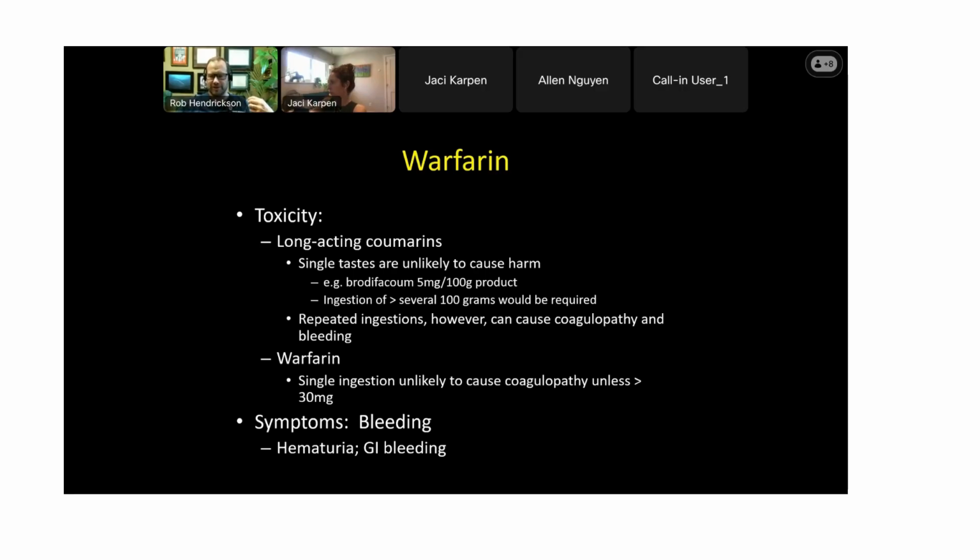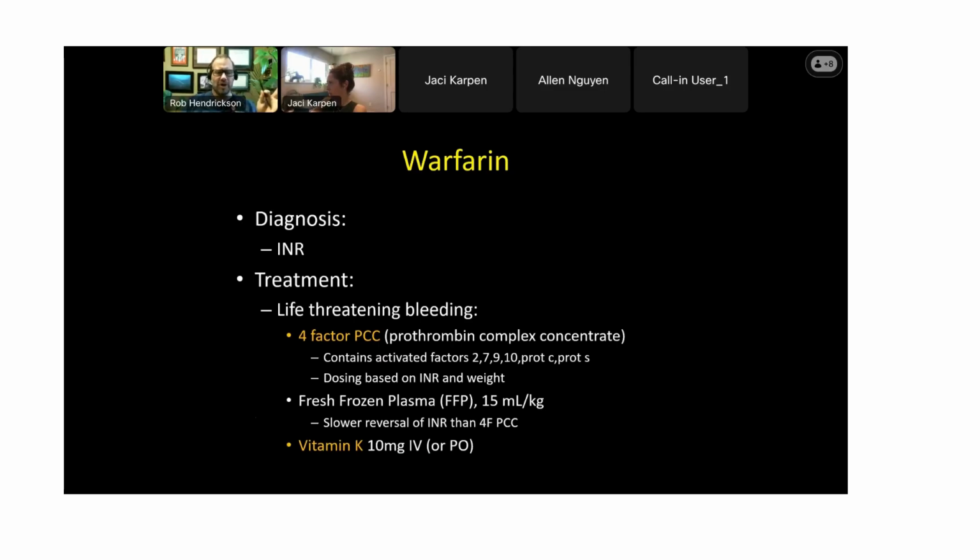Once they figured out they had hematuria, they checked their INR, and it was really high. That was synthetic cannabinoids.